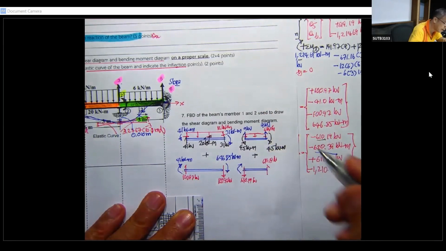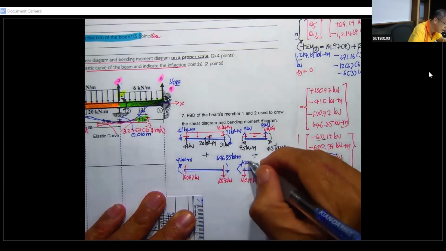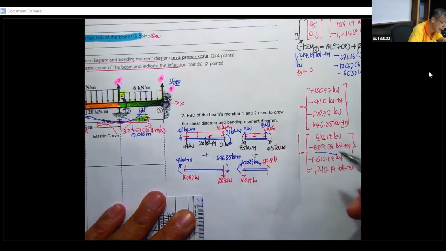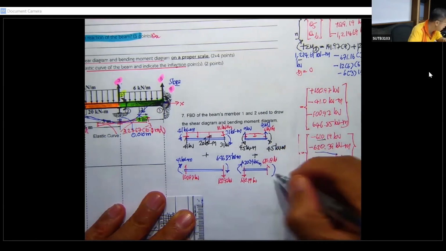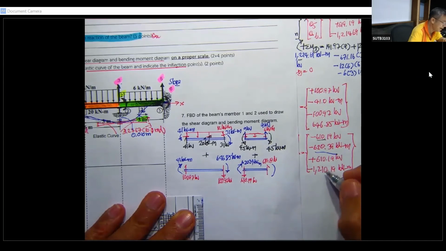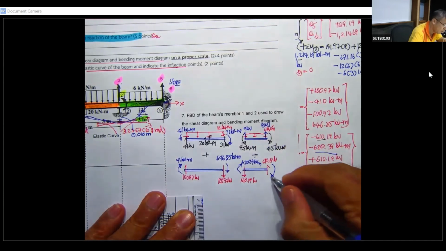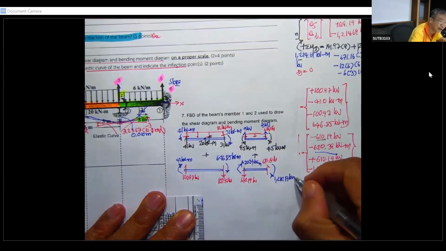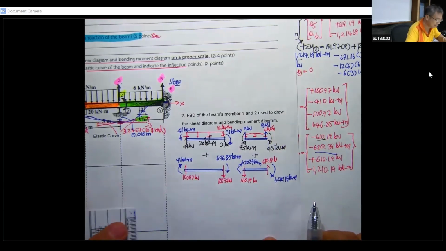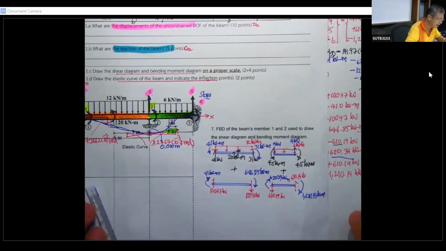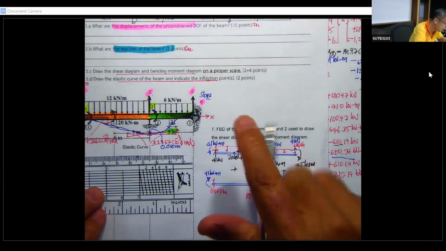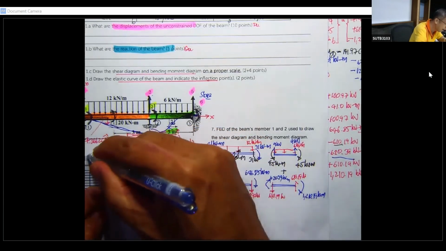That is going to be 620.39 kilonewton meter, and the last one is going to be negative. Opposite to this is going to be 1,210.19 kilonewton meter.